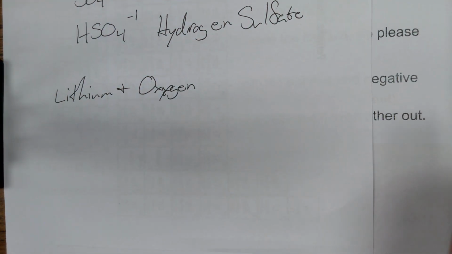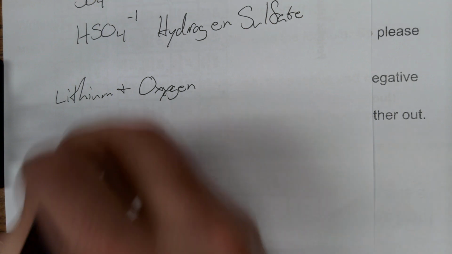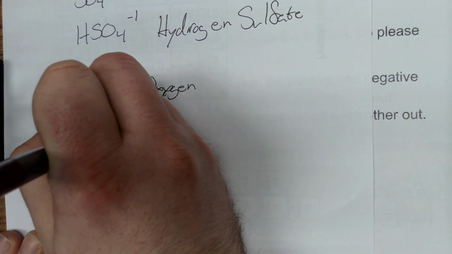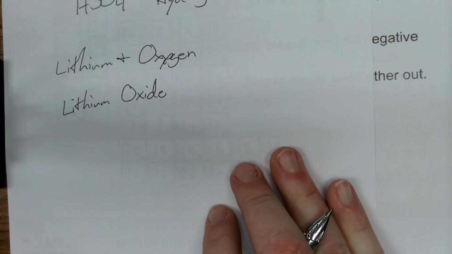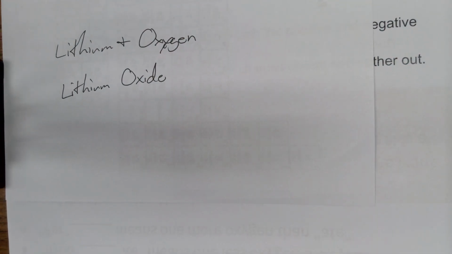Identify the cation, the anion, and the formula. The only difference now is I'm giving you the proper ionic compound's name for this binary compound. Lithium oxide. So let's look at my example first. Lithium oxide.